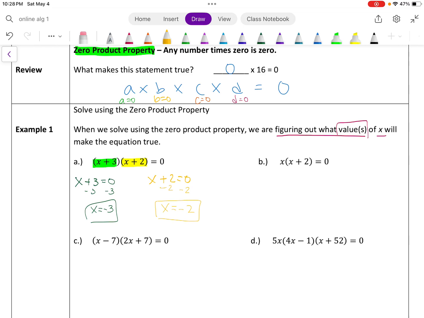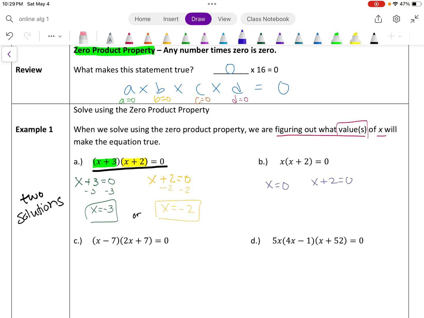So in order for the entire expression of (x + 3)(x + 2) to equal 0, that can only happen if x is equal to negative 3 or x is equal to negative 2. So we say that we have 2 possible solutions, because there are 2 x values that could make this equation equal 0.